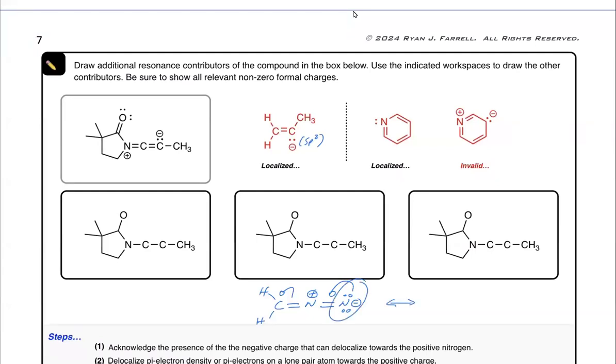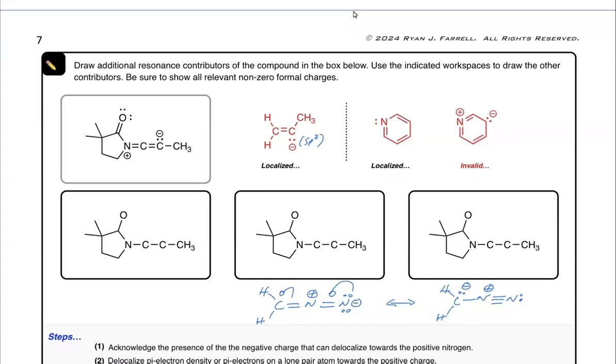In order to be able to delocalize a lone pair on an atom that's already pi bonded, we have to be able to create a linearity because a triple bond would be formed as a result of that arrow push. So we have to be able to create a linearity. The negative would land on the carbon. So here that was delocalizable because of the adjacent pi system. This negative is not delocalizable here because there's no adjacent pi system.